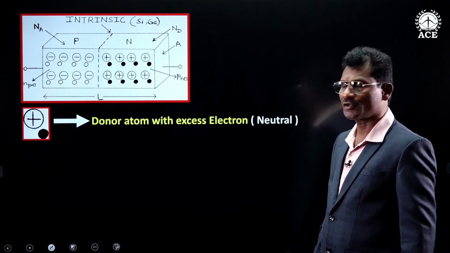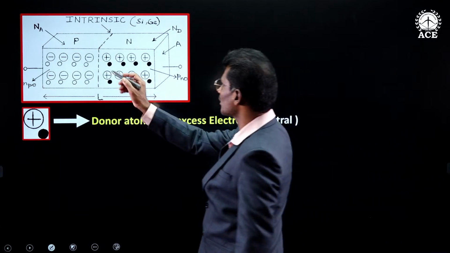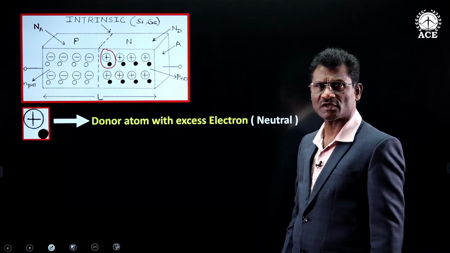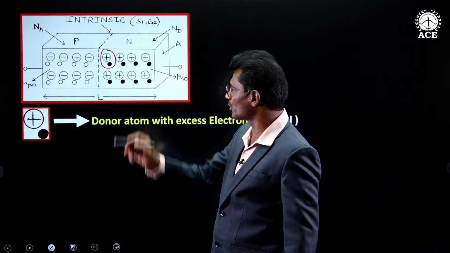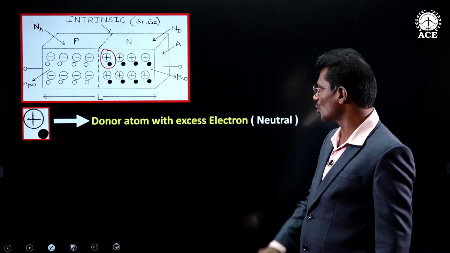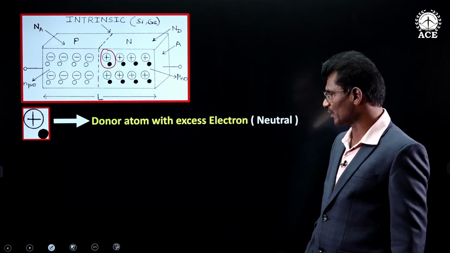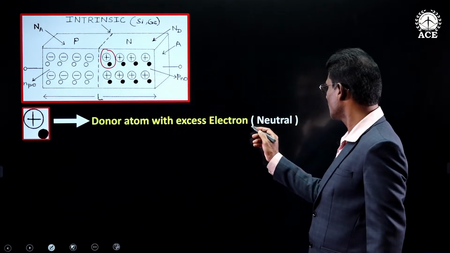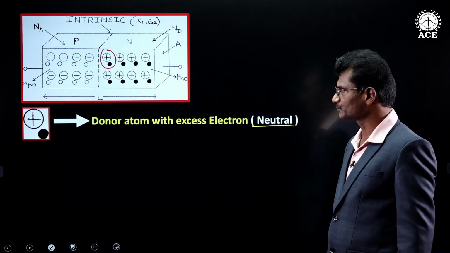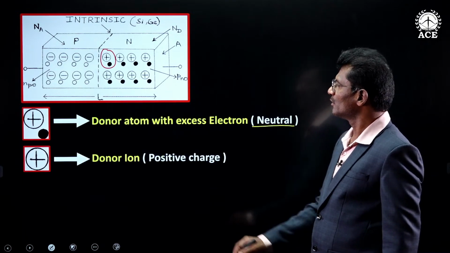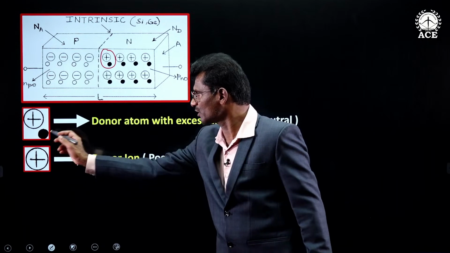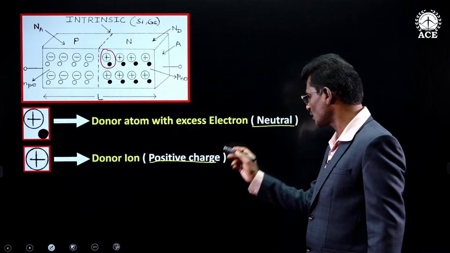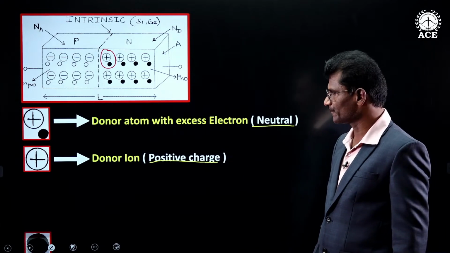Now we move on to the notation. You can observe here a plus sign with a circle over it, followed by a small dot. It represents a donor atom with excess electron, which is basically electrically neutral. And this positive ion without that dot represents a donor ion, which is basically positively charged.